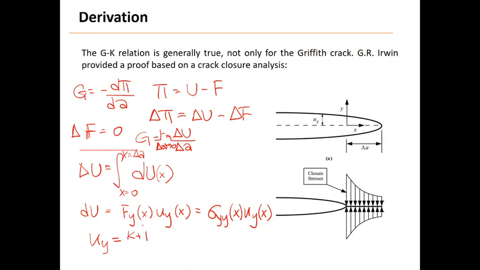What you're going to get is the following. This is kappa, which is a constant depending on the elastic constants. And we have K1, which is the stress intensity factor, because the displacement is written for stress intensity factor, over 2 mu. Now 2 mu is the shear modulus.